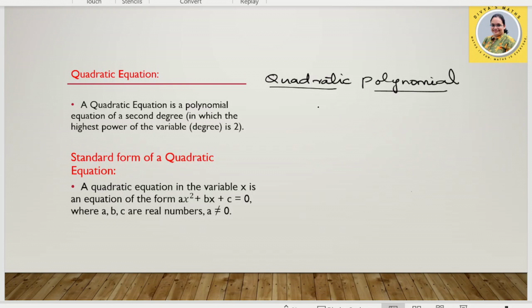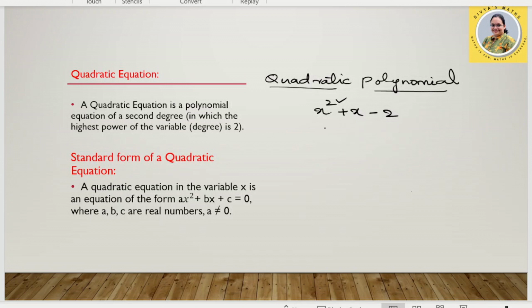Let us take an example of a quadratic polynomial: x square plus x minus 2. Here the highest power of the variable is 2, so it is said to be a quadratic polynomial.